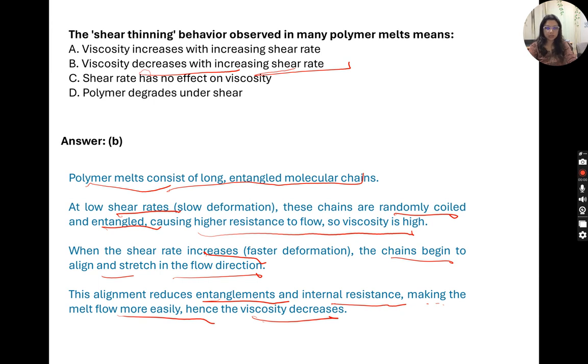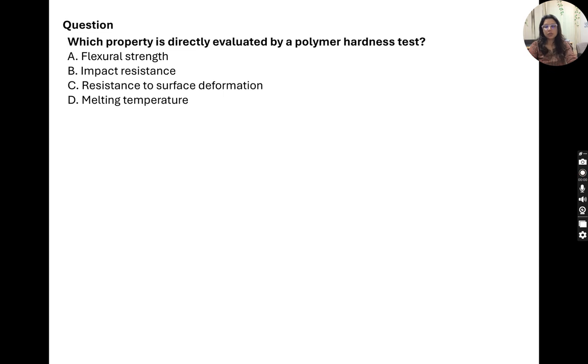I hope this concept of measuring rheology and different properties with the rheometer is clear to everyone. If yes, we can move forward with the next question. This question says: what property is directly evaluated by a polymer hardness test?